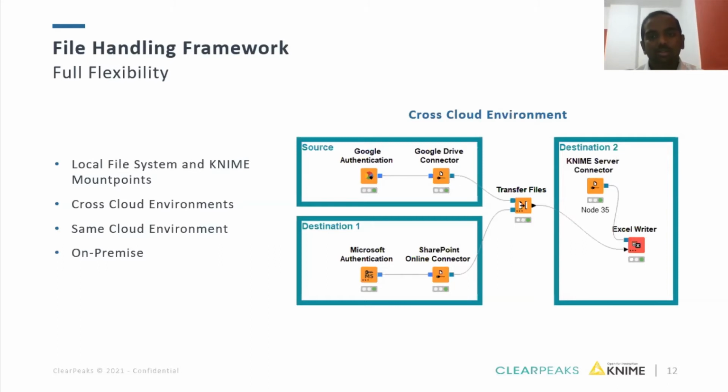At the same time, you could also push the same file to an on-premise KNIME server or an Azure hosted KNIME server using this transfer files. So it is seamlessly easy. In the example being shown on my screen, a file is copied from Google Drive to KNIME Server as one destination, and also to the Microsoft ecosystem as a second destination. So this means the nodes are fully capable of working across cloud environments.